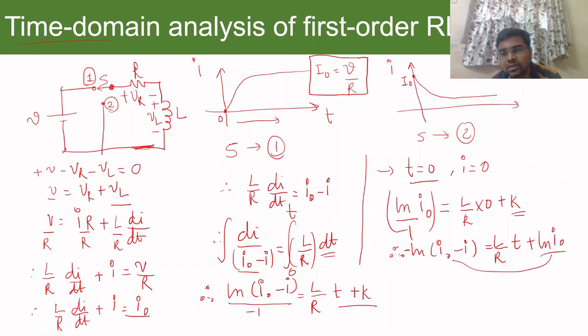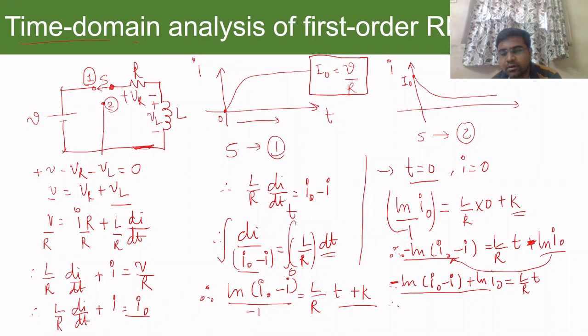When I take this term on the other side, this is ln (I0 minus I) minus ln I0 equal to L upon R into T. And one more thing is this is negative here, right? So when I take this on the left hand side, this will become positive. This is minus ln (I0 minus I), and this minus if I take on the other side, this will become positive, equal to L upon R into T.